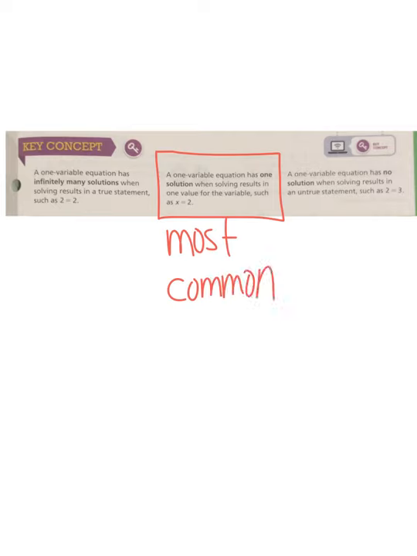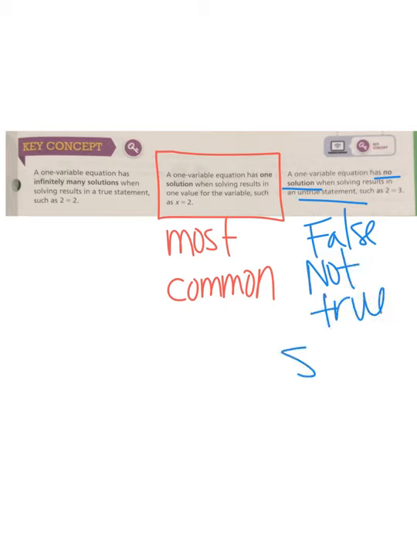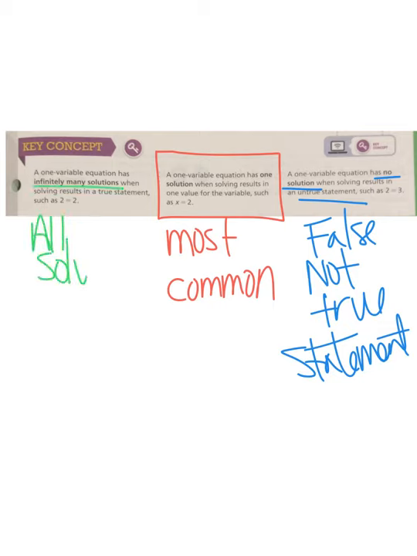But there are times when we will get a no solution, which means we have an untrue statement. We have a false, not true statement. We have a contradiction. And then there is the third type, which is infinitely many solutions, also known as all solutions.